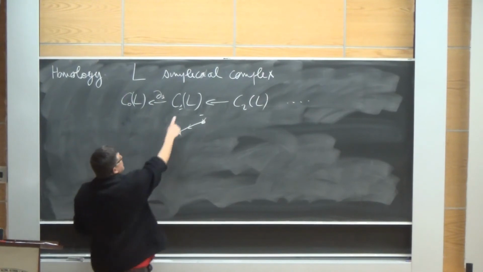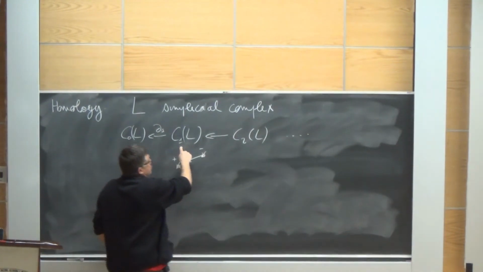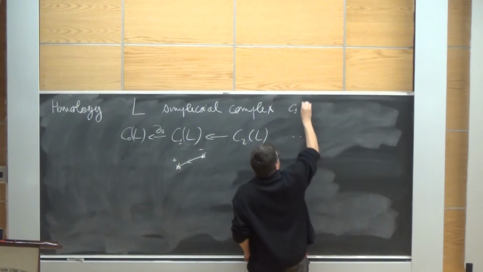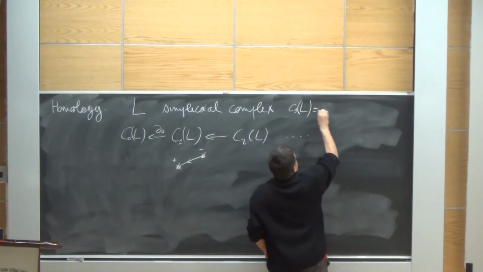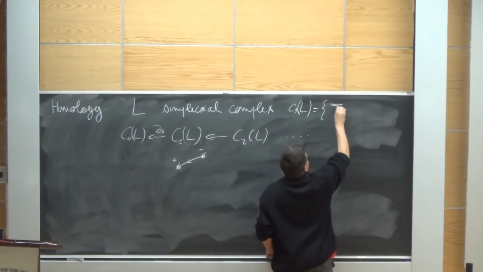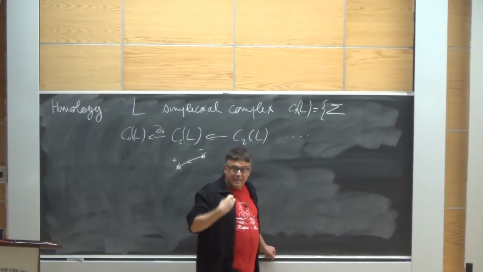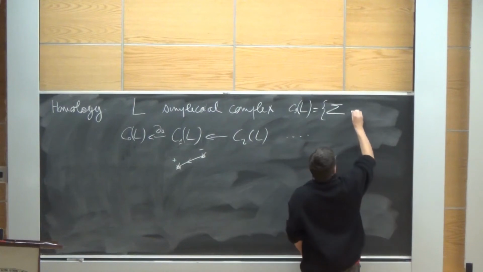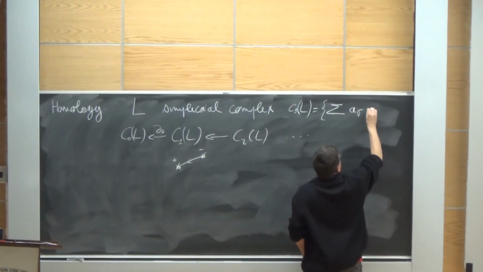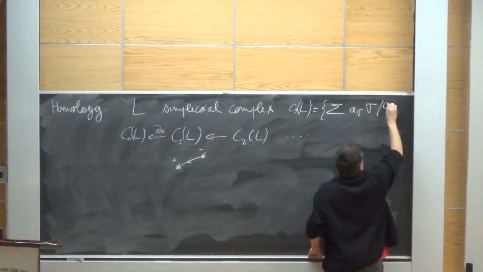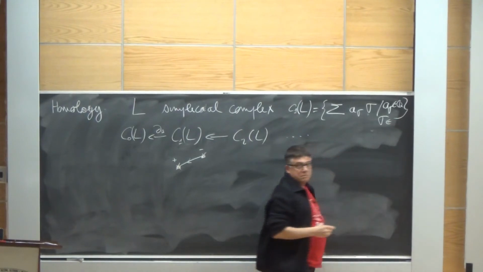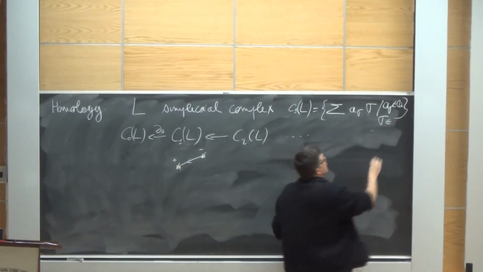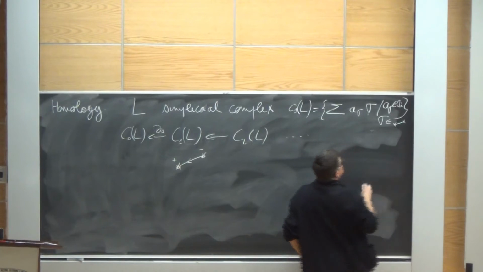Okay? So, just to make it more clear, what is C1 of L? It is just the collection of formal linear combinations, sum of a_sigma sigma, with a_sigma an element of my field, and sigma a one-dimensional simplex.